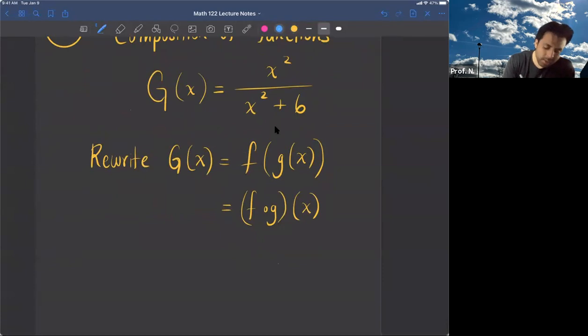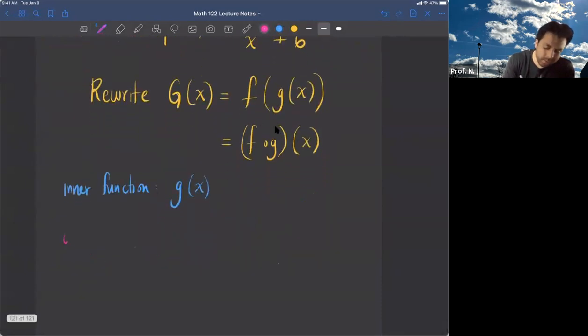Remember that? In this case, our inner function is g of x. And what is our outer function? F of x. We don't know what this is, and we want to figure it out.